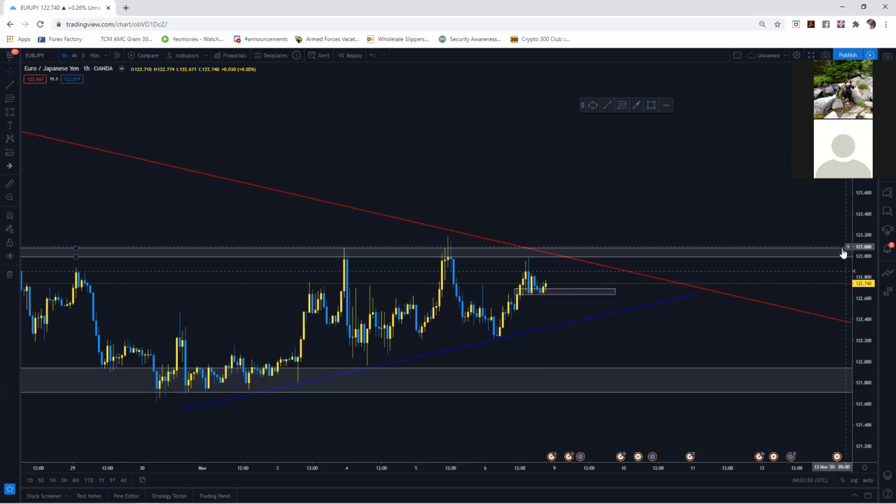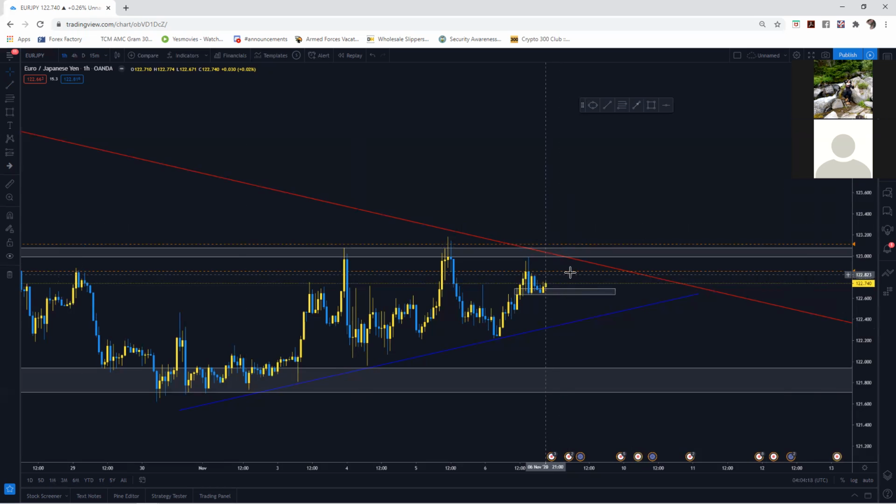Now, say for instance, price comes up and it keeps going, then I'll also set an alert right here on top of our resistance. I got an alert right there on top of resistance, just in case it does go for a buy.